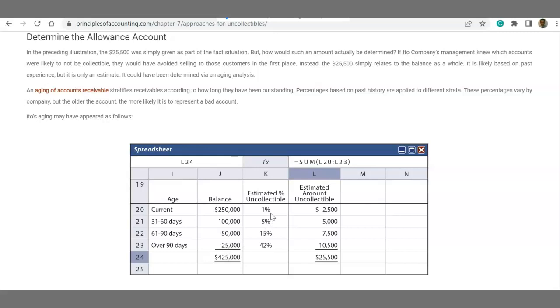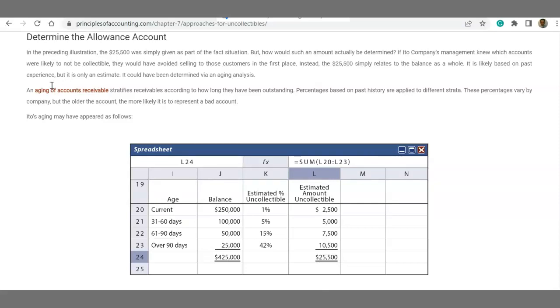Then you estimate a percentage of chance that you cannot collect this amount, 1%, and then the chance goes higher, 5%, and then 15%, and then much higher if it's over 90 days. And then you multiply that, you get a dollar amount, you add them up, you get an allowance balance required of $25,500. So this is what you exactly want in your allowance account.